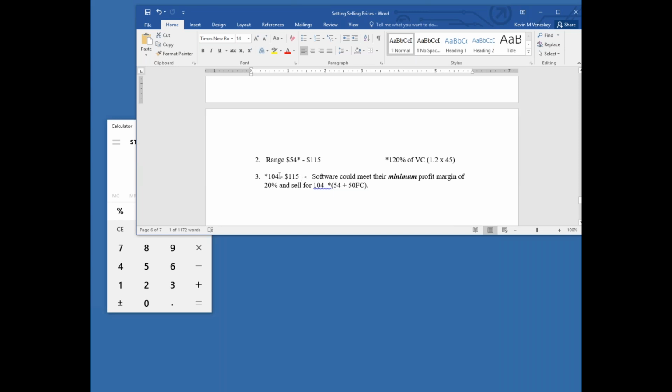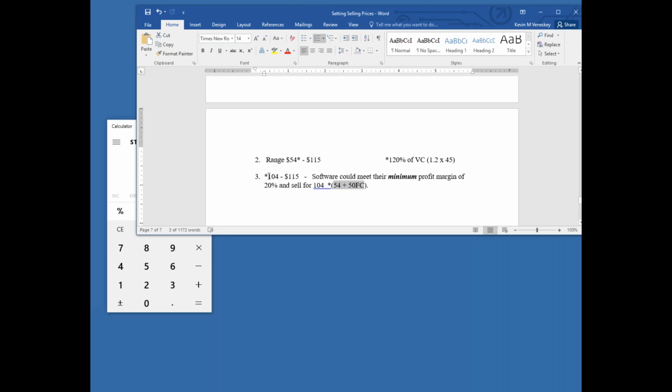Well, technically the software company could step down all the way to $104 a unit, because if you take that 54 minimum variable cost plus profit and then add in those extra fixed costs that have to be distributed, those two added is 104. Now remember, our selling price is 125, so we're actually trying to sell more than our minimum profit range. Just in case something happens, we have more costs or we sell fewer units, that gives us a little bit of a buffer.